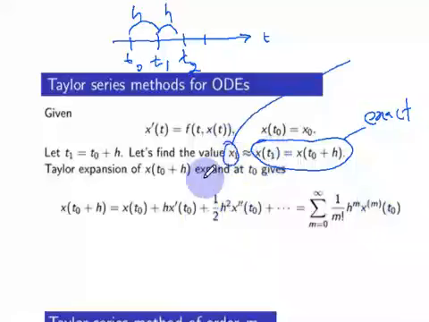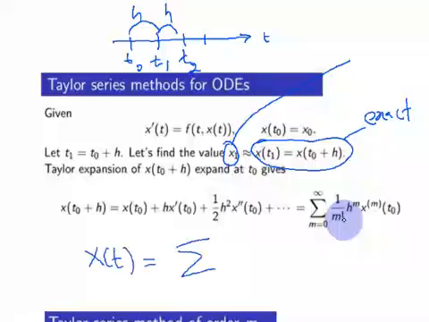So how do you find an approximation? You can write a Taylor expansion around t naught. So let's write that down. x of t, you can write the Taylor expansion, which is an infinite series.